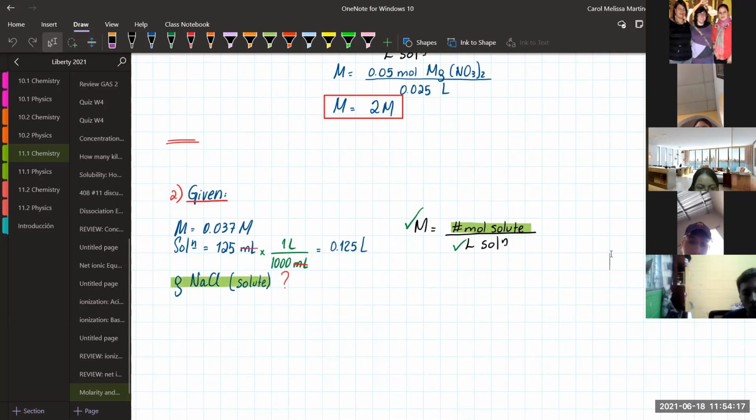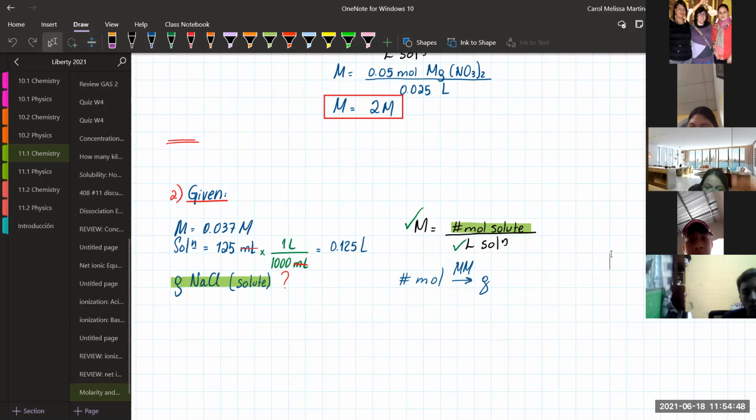So the idea in this problem is we need to find the number of moles. Once you have the number of moles, you can get the grams. The conversion between moles and grams can be done by using the molar mass, in this case of NaCl.